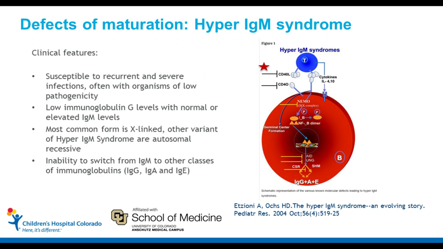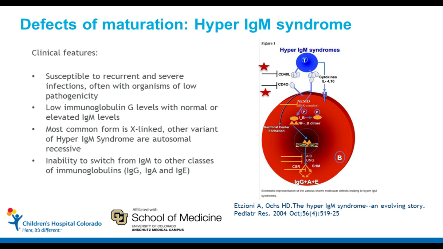And so in this cartoon, one of the major defects we often find with hyper-IgM syndrome is a CD40 ligand defect. This is an X-linked defect. And interestingly, the defect occurs on the T cell, not necessarily the B cell. CD40 ligand on the T cell has to interact with CD40 on the B cell in order for the B cell to switch from making IgM to IgG, IgA, or IgE.